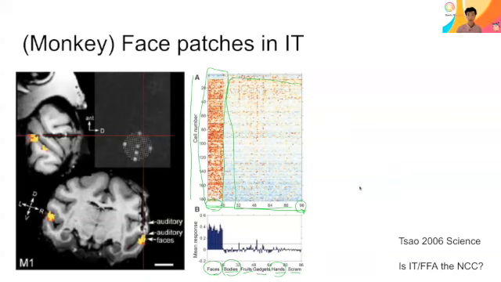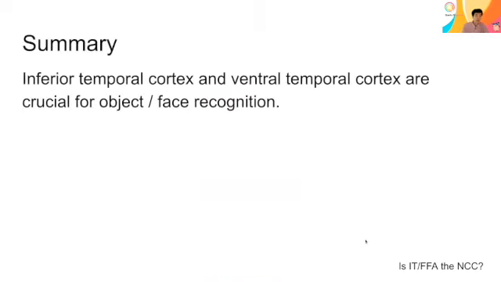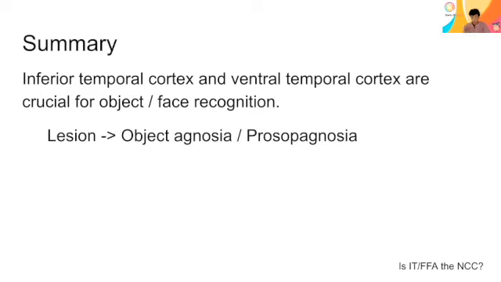This is quite a striking finding: 97% of the visually responsive neurons in the patch are strongly face selective. So in summary, inferior temporal cortex, or IT, and ventral temporal cortex, or FFA, are crucial for object or face recognition, but they are also separate locations. Lesion of the object selective area led to object agnosia.